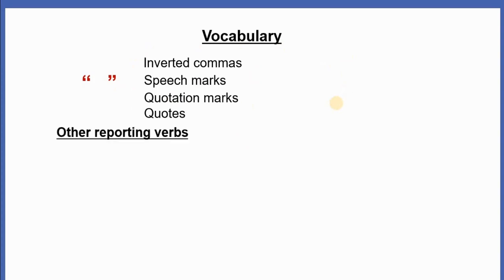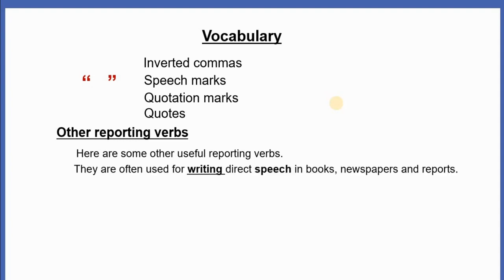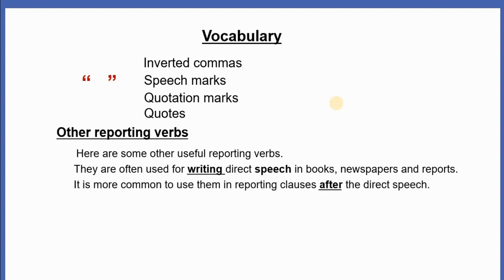There are some other reporting verbs which are useful. So here are some other reporting verbs. They are often used for writing direct speech in books, newspapers, and reports. It is more common to use them in a reporting clause after the direct speech. Alright? After the direct speech.